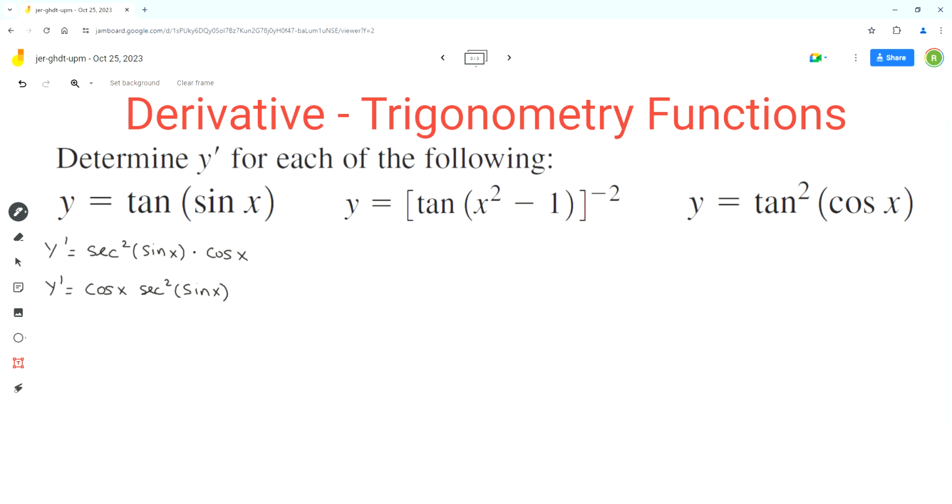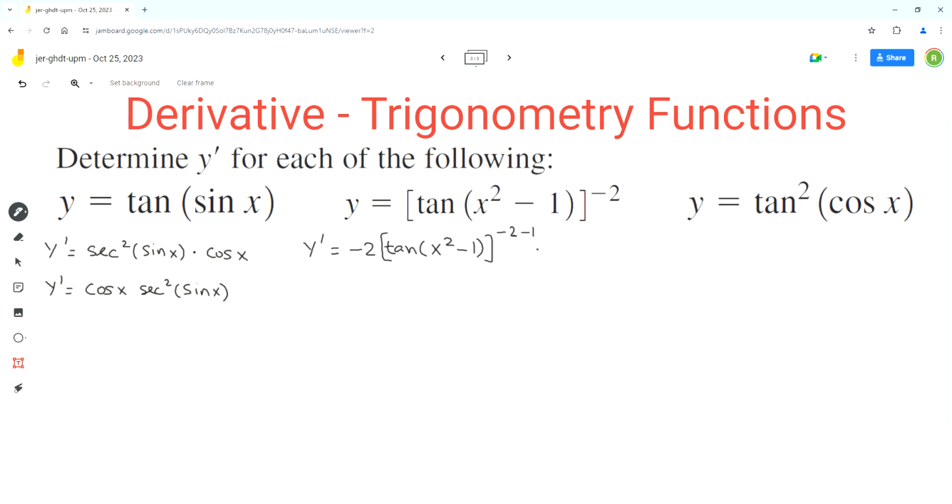So let's start with the outermost function, the exponent -2. So we'll have to use power rule. So as per the power rule, we'll move the -2 exponent to the front and we'll subtract 1 from -2, times the derivative of the inner function.